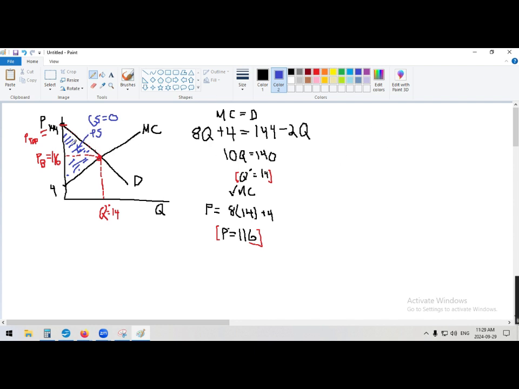And then we can figure out producer surplus here just by doing the area of a triangle. So it's base times height divided by 2. So let's see, the base here is going to be 14. And then the height is going from up here to down here. So it's 144 minus 4, which will be 140.